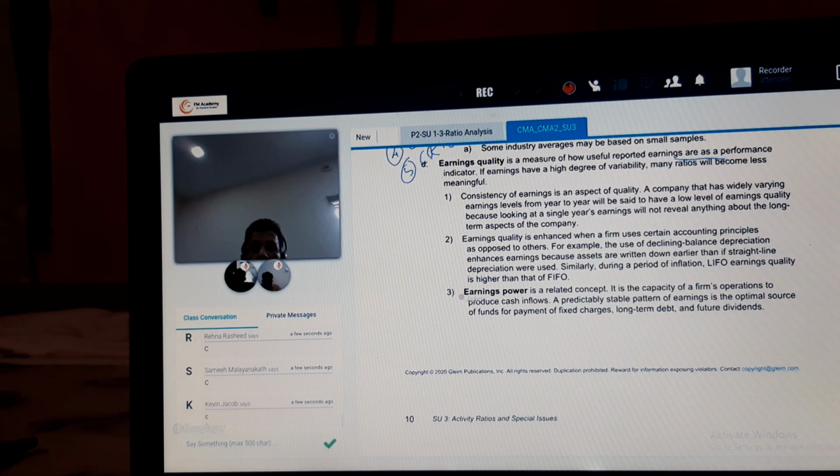So you have earnings quality as your concern. Yeah, this is what I wanted to say. When you talk about earnings quality, you are talking about predictability of the future profit. Certain industries have less earnings quality than other industries.